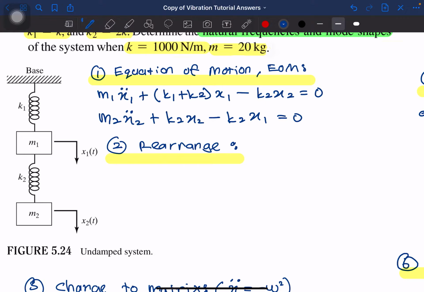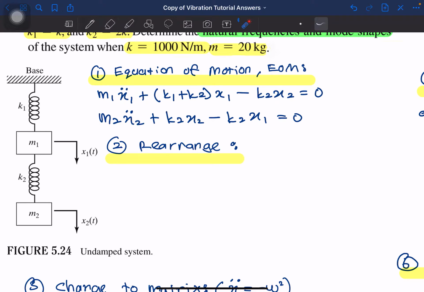If a spring is attached to only one body, for example k1 is only attached to m1, then k1 is added with m1 x1 double dot. Since k2 is attached to two bodies, at first we plus k2 x1 and then we minus k2 x2, with the displacement of x2.